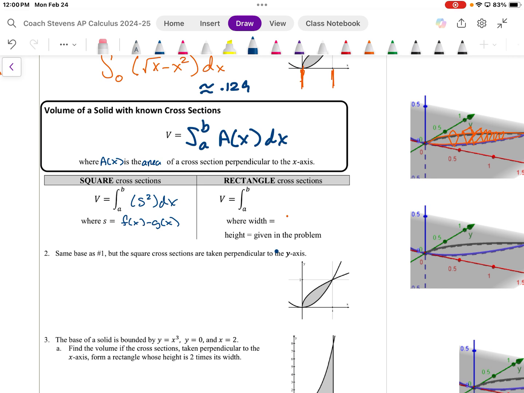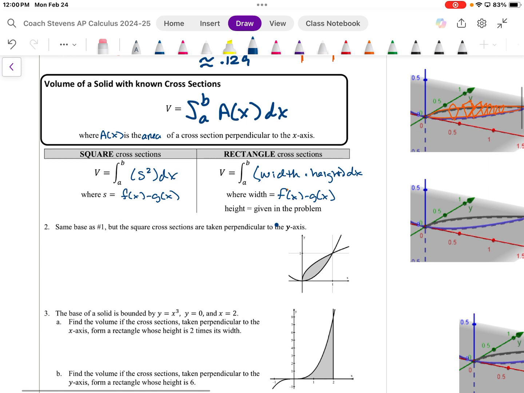For the rectangle, our formula, again, is going to be our base times height, or width times height, dx, where the width is our f of x minus g of x. And then on this one they're going to have to tell us what the height is.